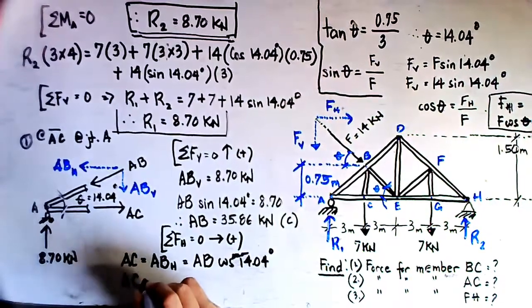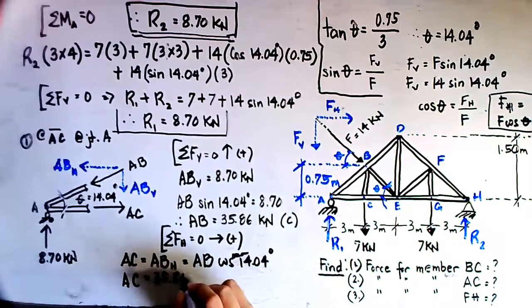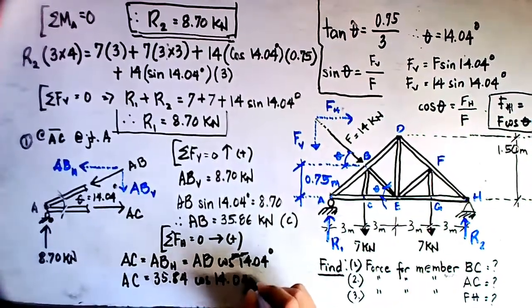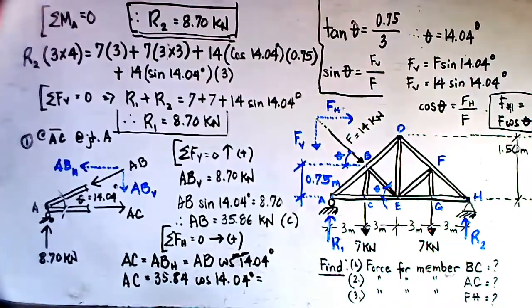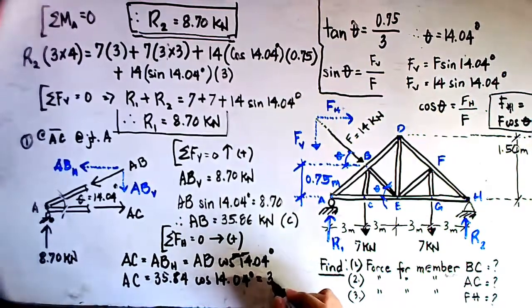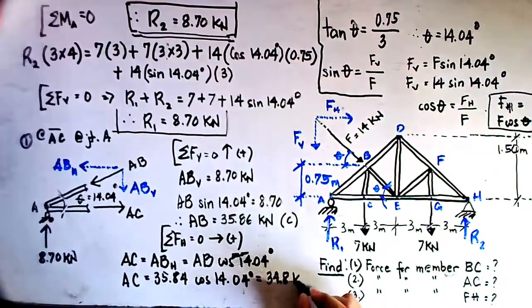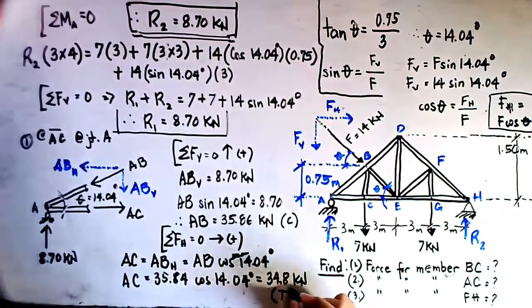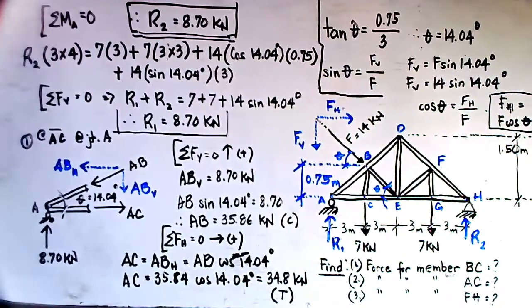So therefore AC is equal to 35.86 times cosine of 14.04 degrees, and that would give us a value for AC, which is equal to 34.8 kilonewton. And take note that since the arrow is going away from point A, then that means we have tension for member AC.